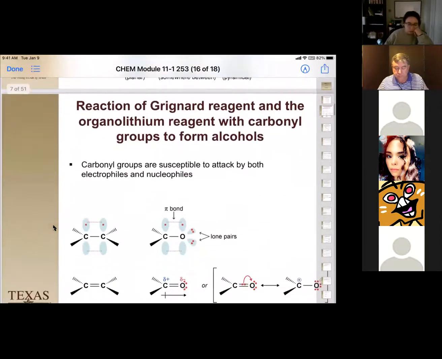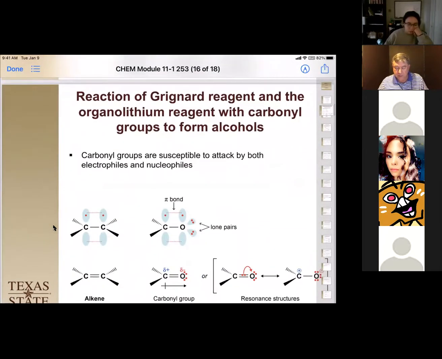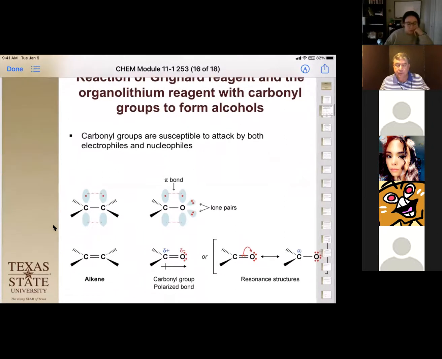Okay, so how can we use this as a nucleophile? Well, we can do it with anything where attack by an anion is going to be good. So if we look at an alkene, it really doesn't have a polar bond and it has electrons in a pi bond, so it's not going to be specifically reactive to these nucleophiles.